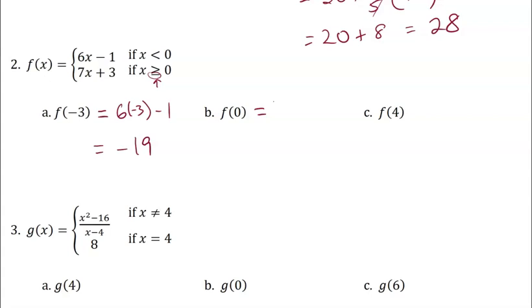So I'm doing 7 times 0 plus 3, which is 3. Okay, move that down since I have this room here. Okay, f of 4 is greater than or equal to 0, so I'm using the bottom part of the piecewise function. So 7 times 4 plus 3, so 28 plus 3 is 31.